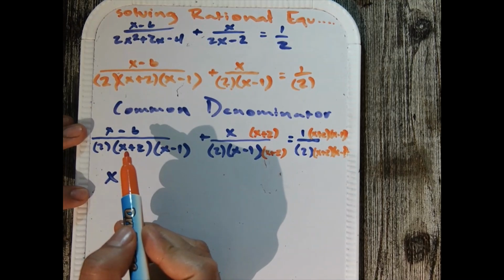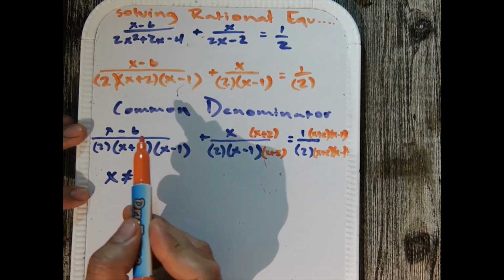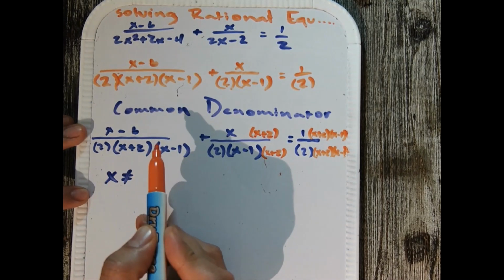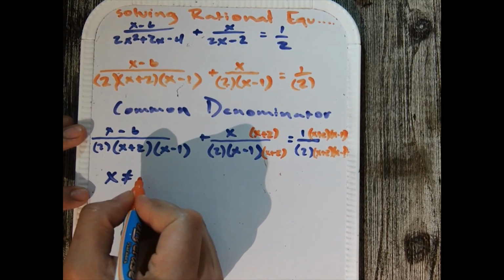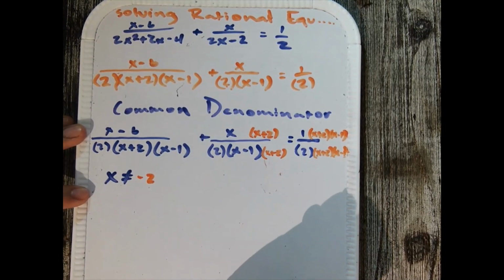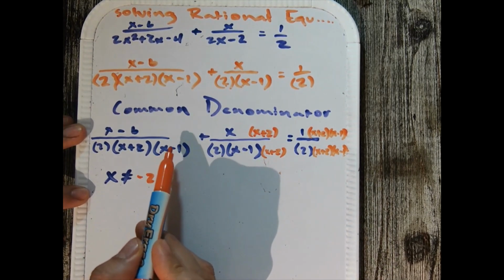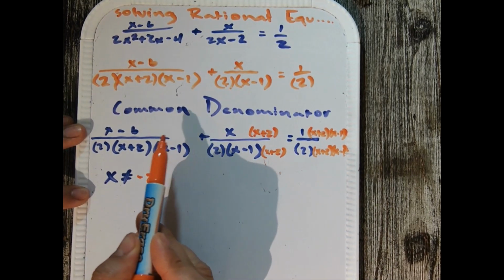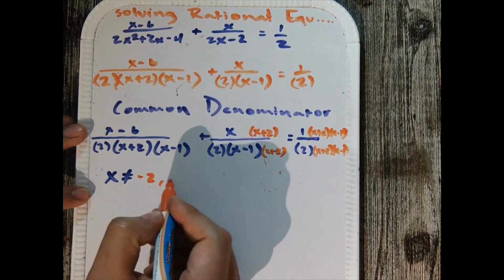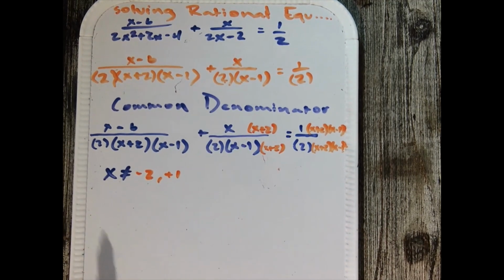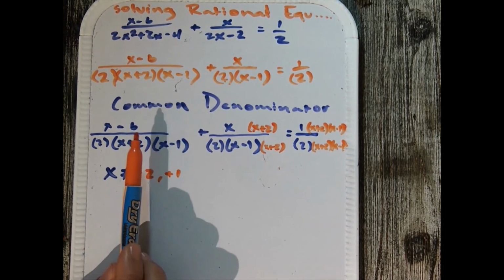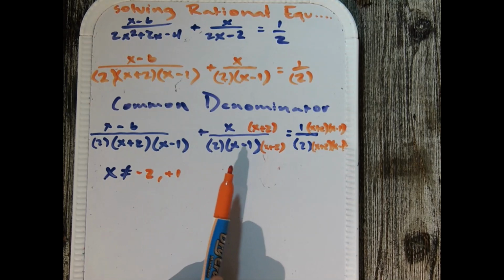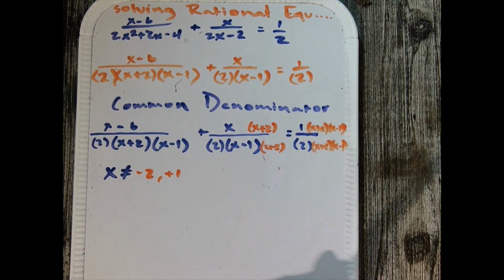If we look at x plus 2, the only way I can get 0 inside these parentheses is if x is negative 2. And the only way I can get a 0 inside the other parentheses is if x is positive 1. So again, x cannot be equal to negative 2 or positive 1. Otherwise, we would end up with 0 on the bottom, and we just said that we cannot divide by 0.